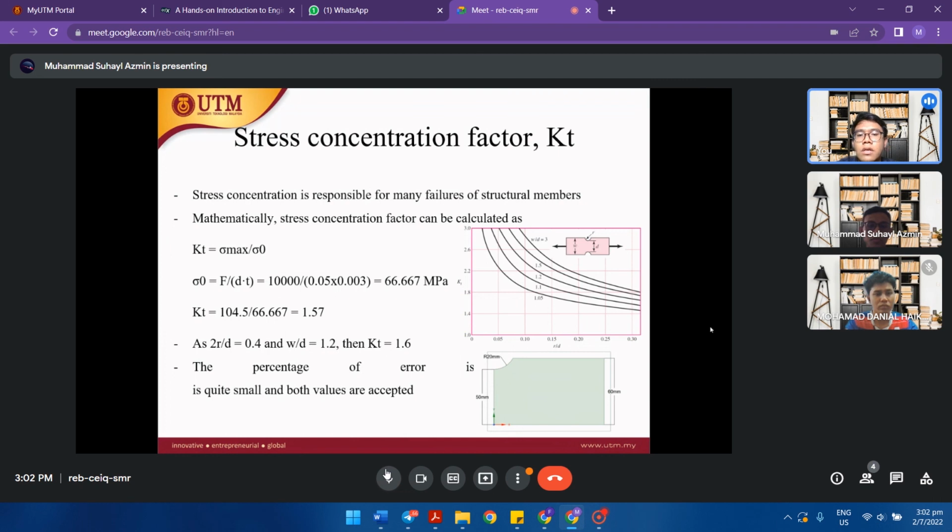However, from the graphical data, the stress concentration is approximately 1.6. The value is slightly different with a percentage error of 1.91%, which is quite small, and therefore we conclude that both values are accepted considering the low percentage error.